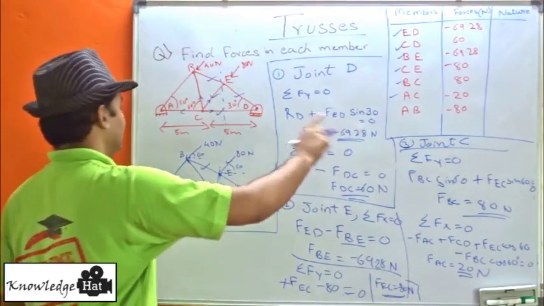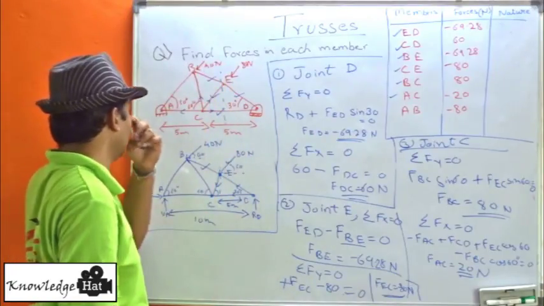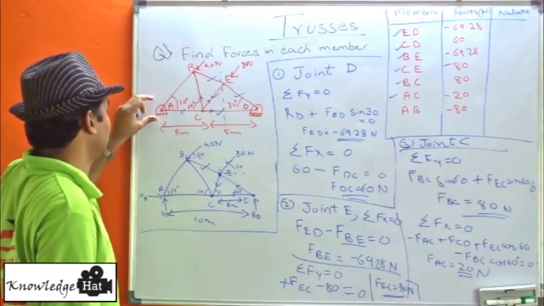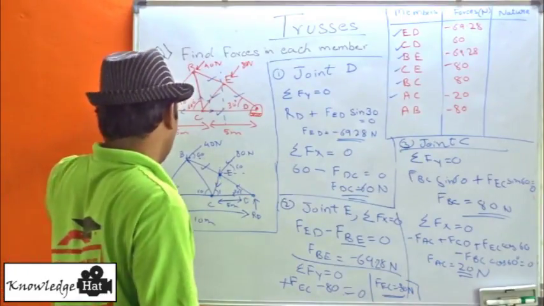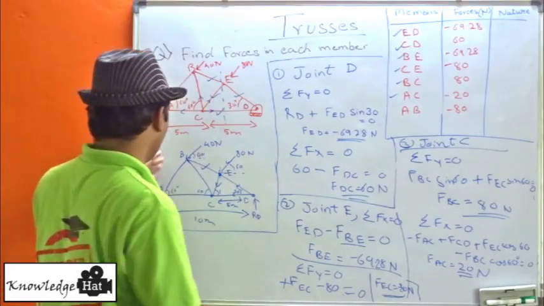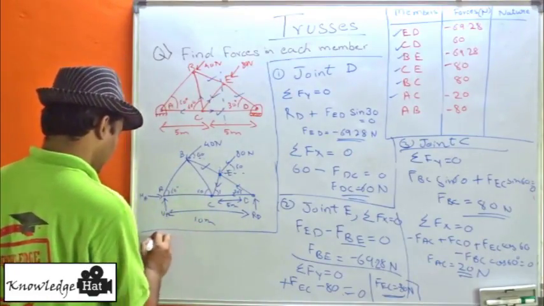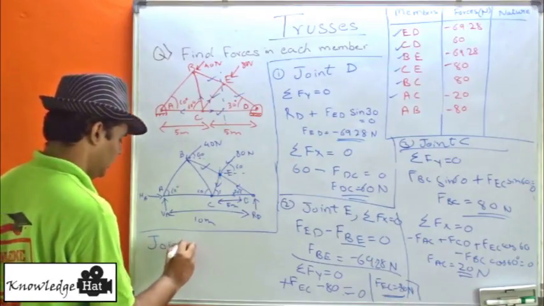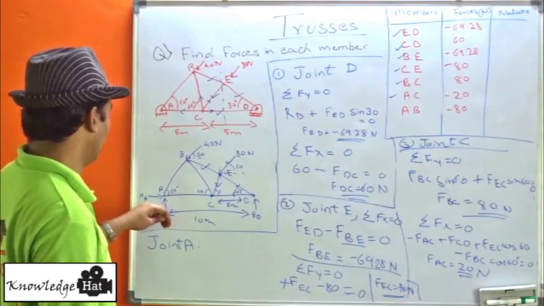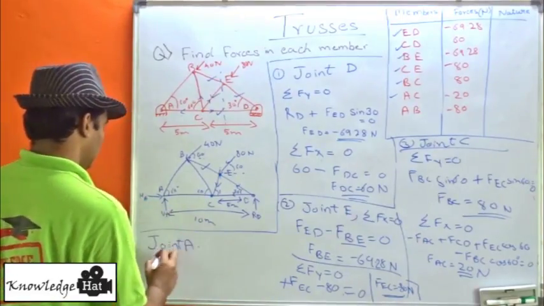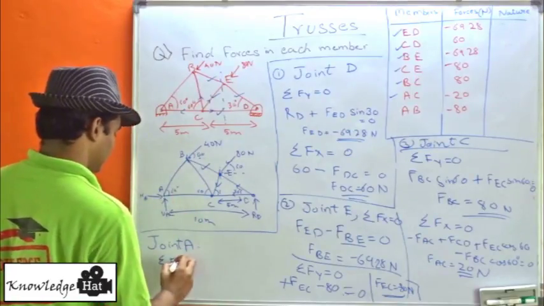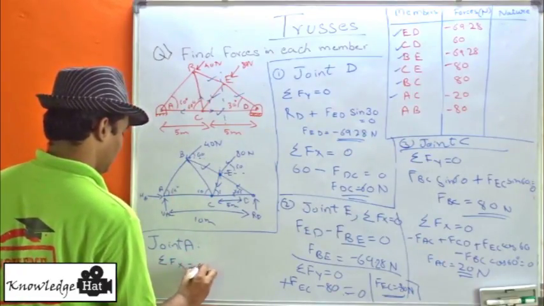One is remaining, that is AB, this member. For this, we can go to joint B, or we can be at joint A. But joint A would be much simpler to approach, so we will go for joint A. At this point, we take summation Fx equated to 0.